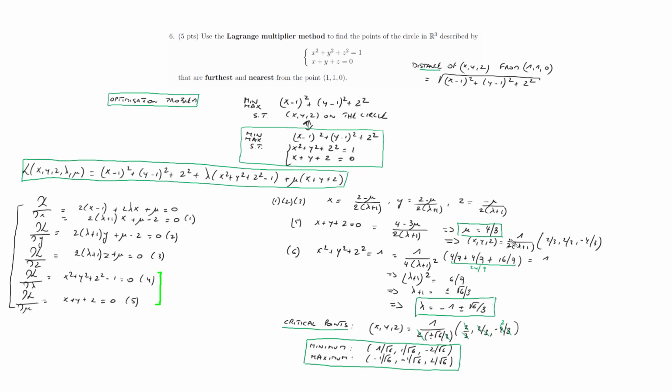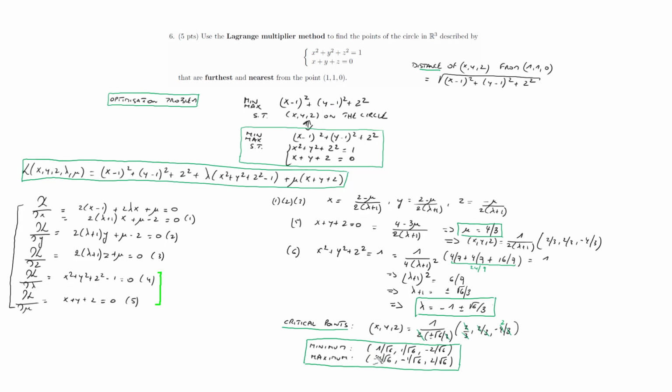If you inject this in here, you will see that there are some simplifications, the 2 over here and the 3's over here. You obtain this expression here with a plus and a minus, and you can clearly see that the plus is corresponding to a minimum because you have something positive minus something, so you end up with something smaller in the square terms over here.